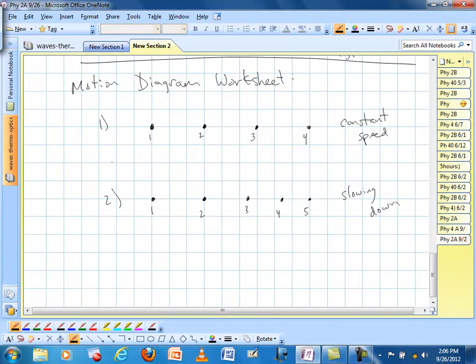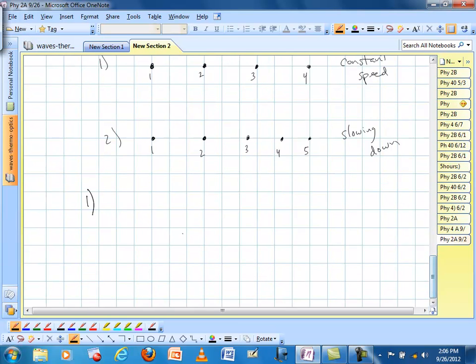Okay, so for the motion diagram worksheet, question 1. Describe the motion represented by the diagrams. Constant speed. Okay.